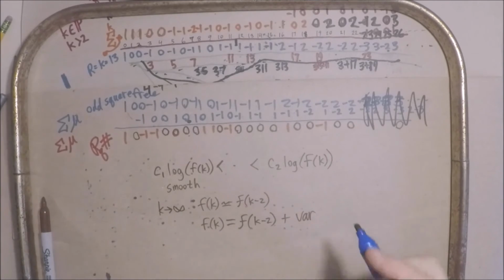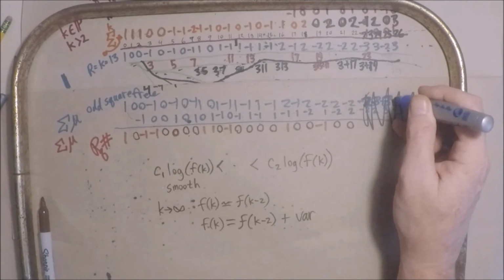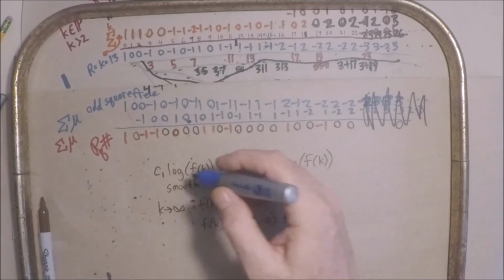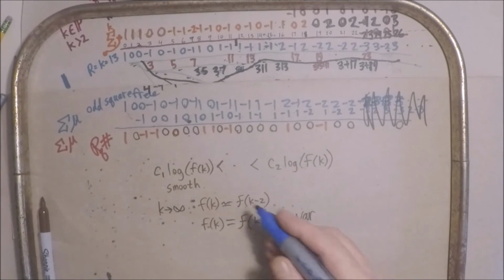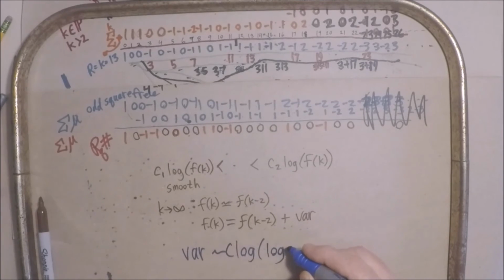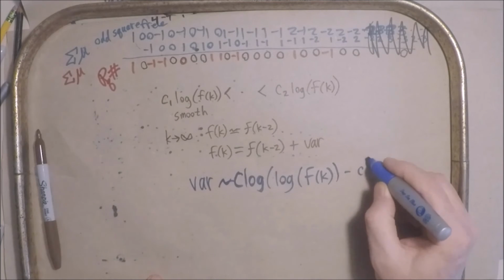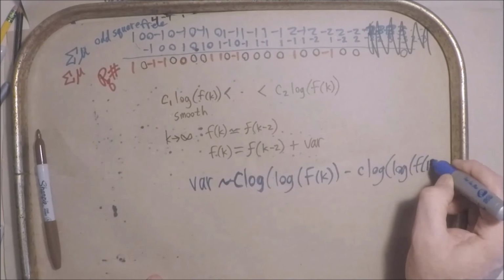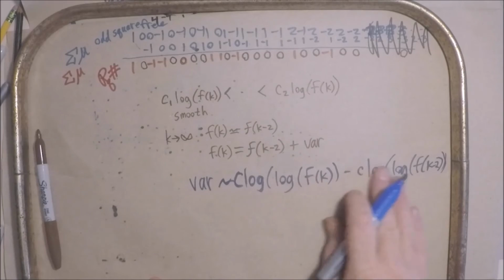This means that as this sequence and the copy of it goes by C log f of k, the variance goes something like C log of f of k minus C log f of k minus 2, which is like 0.